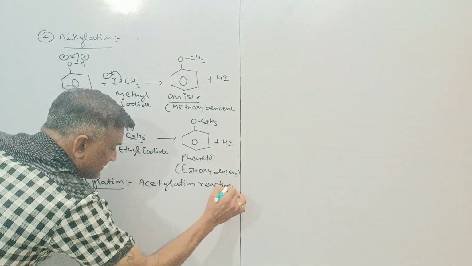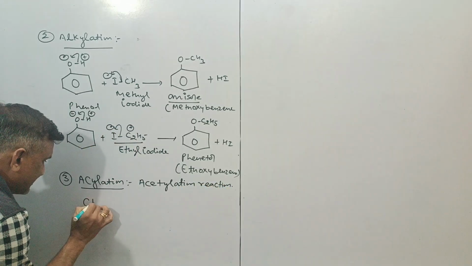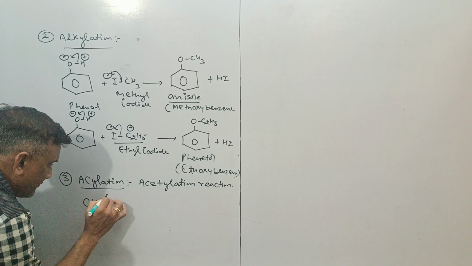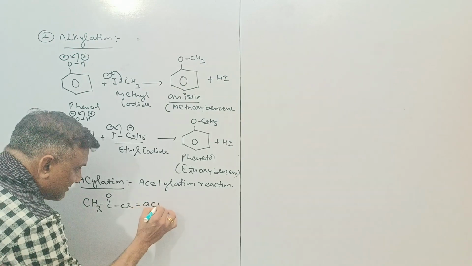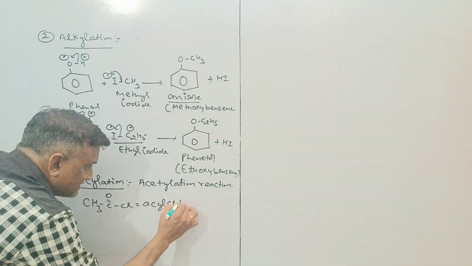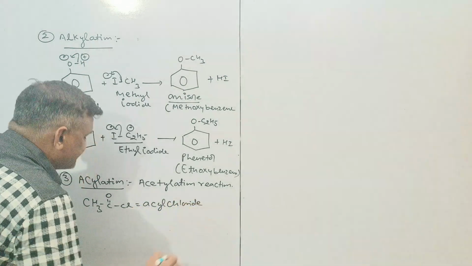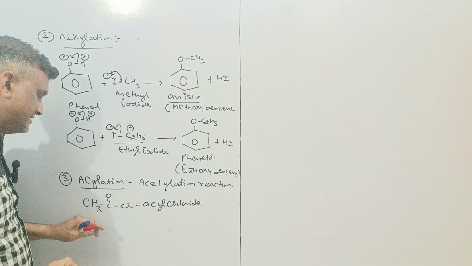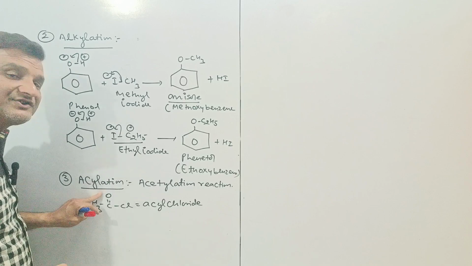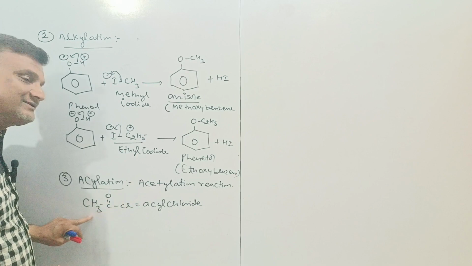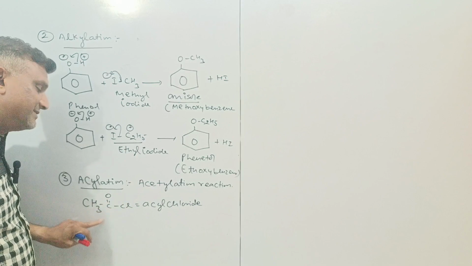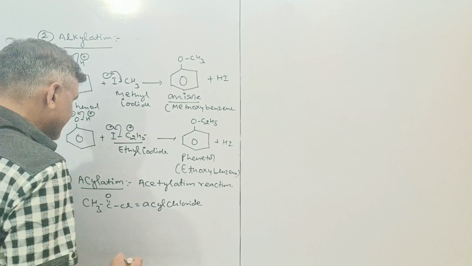For this we can use two reactants: CH3COCl, which is acyl chloride. We can say that the substitution of acyl group, CH3CO group, is called acylation, and that's why it is also called acetylation, acetyl group. That's why it is called acetylation reaction.